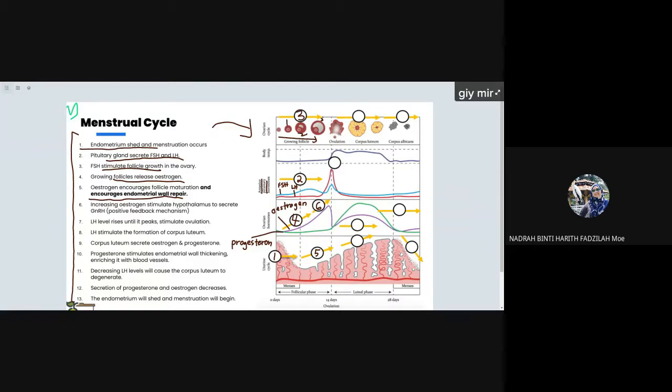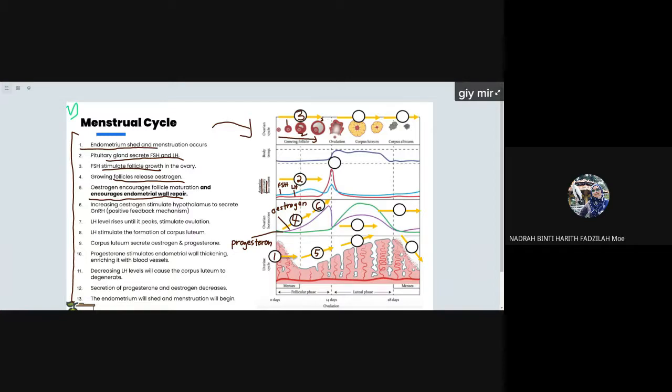So lebih banyak GnRH keluar, it will stimulate more FSH and LH. So we can see here, at graph merah dengan biru tu, right after estrogen increase, estrogen dekat peak, dekat puncak, GnRH pun banyak, secretion of GnRH daripada hypothalamus pun banyak.